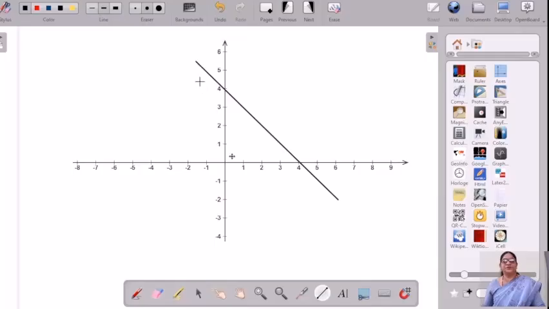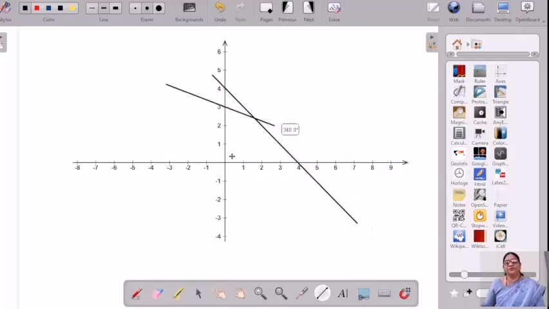The second line is passing through the point 8, 3. First line is passing through 4, 4. Second line is passing through 3, 8.